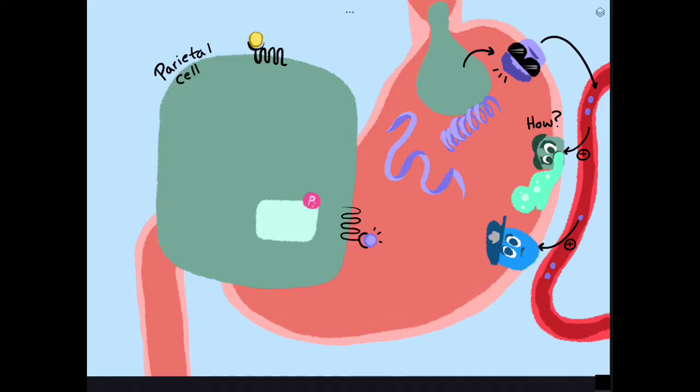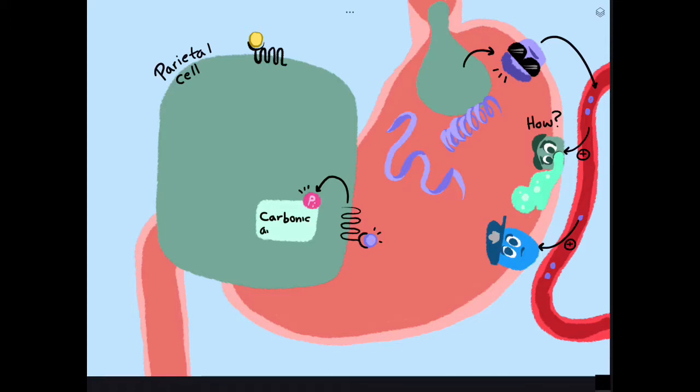So here we have sort of an enlarged parietal cell, and on the bottom right there, we have a molecule of gastrin. The gastrin is going to bind to a 7-transmembrane protein, or G protein coupled receptor, which is going to activate a phosphorylation cascade that ends up phosphorylating an enzyme called carbonic anhydrase.